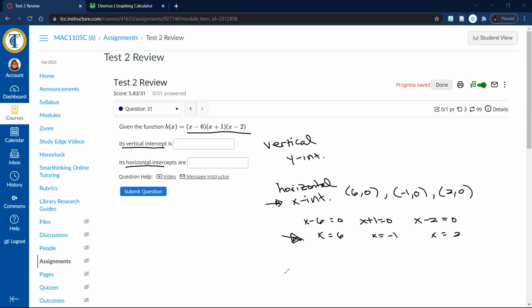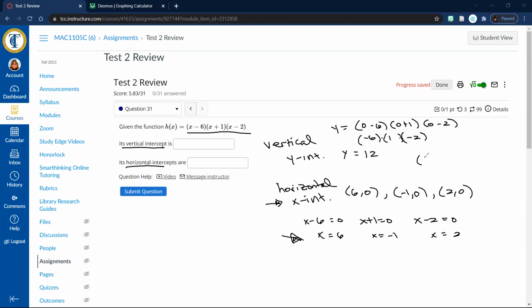How about our vertical intercept? They want the y's. We don't know what our y is, but we know our x is 0. So it's 0 minus 6, 0 plus 1, 0 minus 2. So you have negative 6 times 1 times negative 2, which is 12.